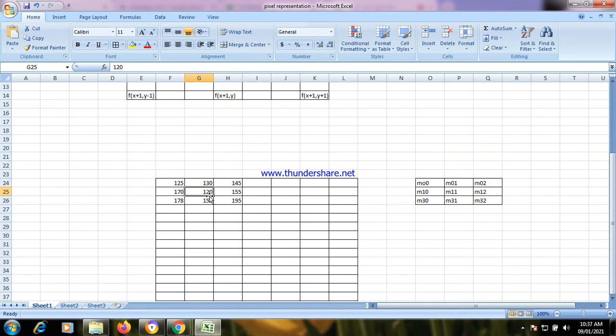So this 120 is replaced by that particular value.